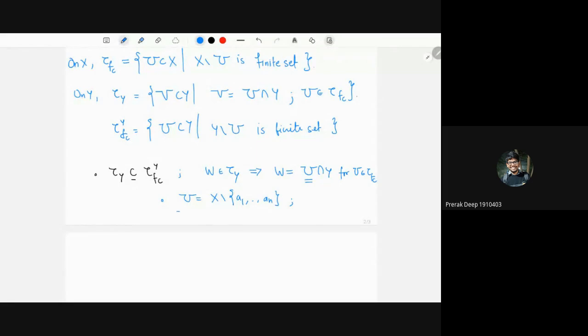So if you consider this intersection, it will be the intersection of these things.